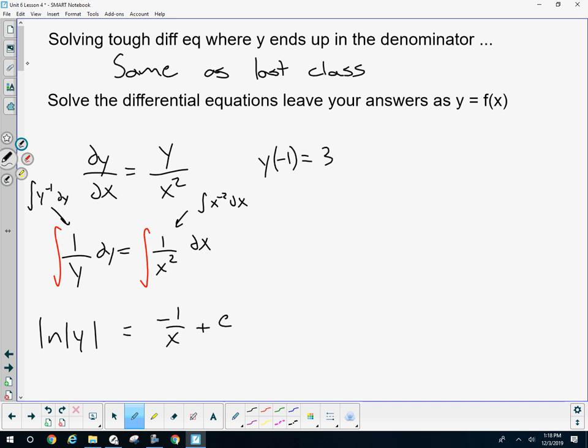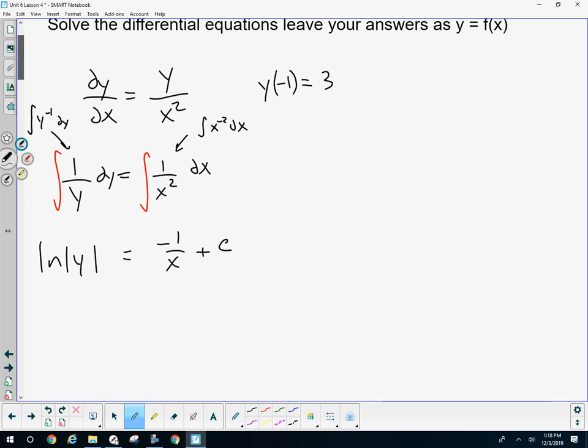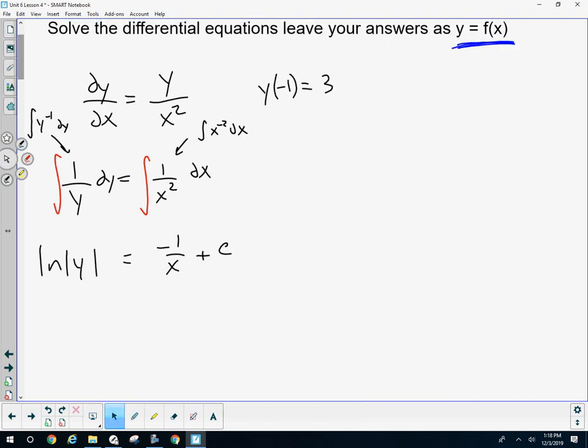Okay, so we're here. Now, we want y equals a function of x, so I will need to solve for y. Just like I reminded you, you are ready to get rid of a log so long as there's nothing in front of it, no negatives, no numbers, by taking e to the power of both sides.